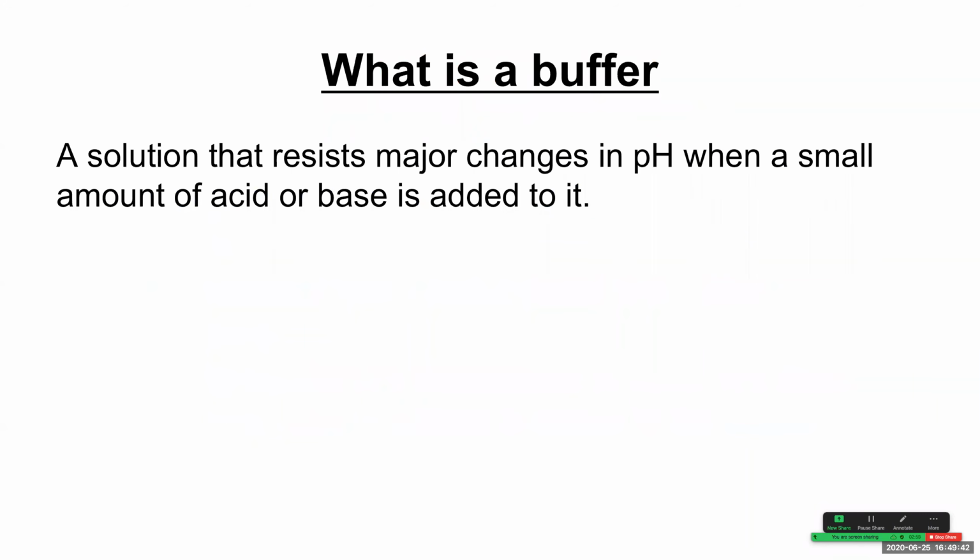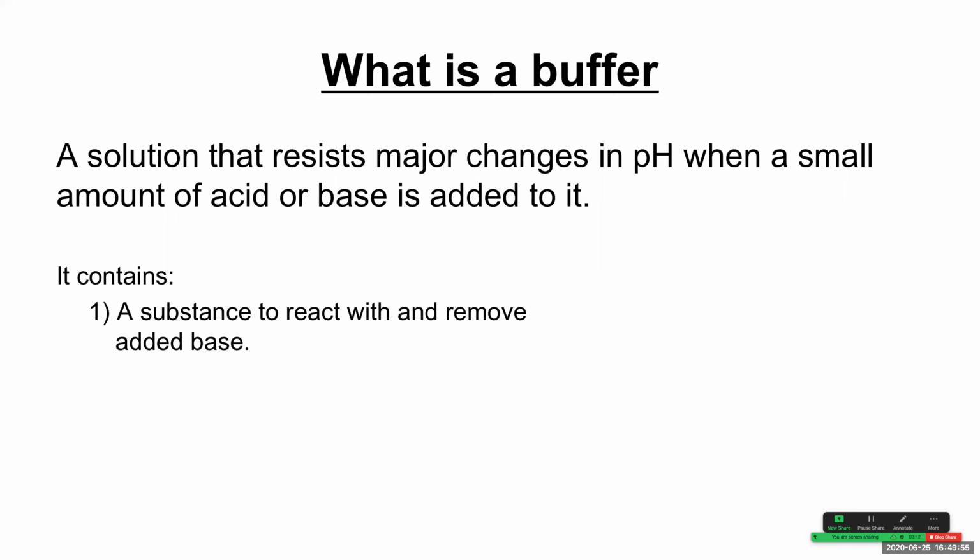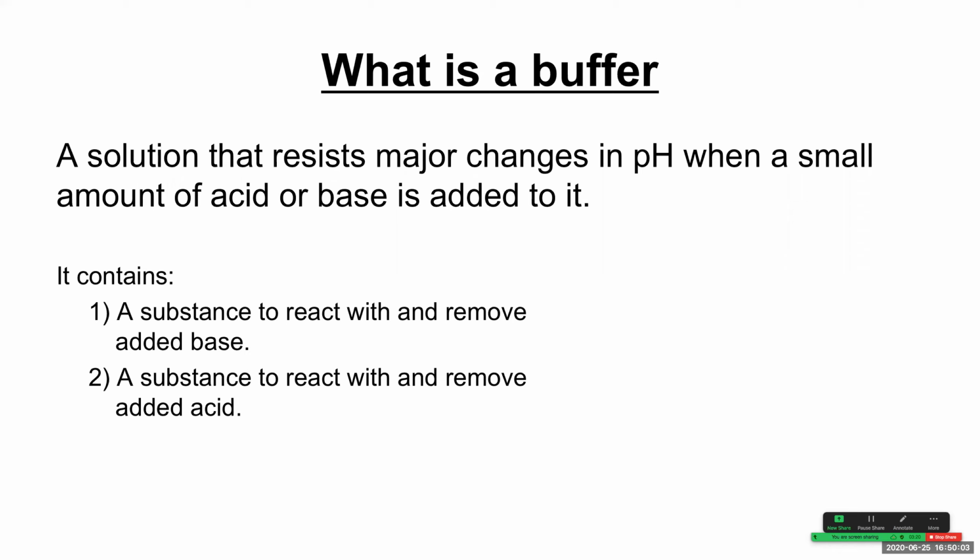So what is a buffer? It's a solution that resists major changes in pH when a small amount of acid or a base is added to it. And so these are made up of, let's see, it contains a substance that will react with and remove an added base. It also contains a substance that will react with and remove an added acid.